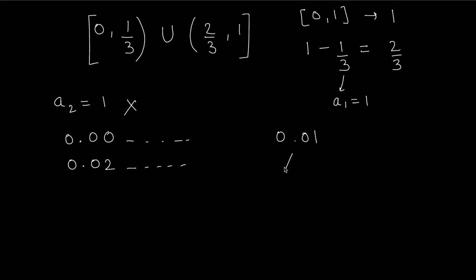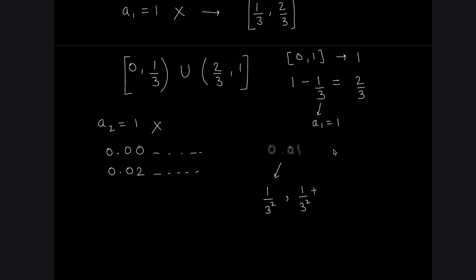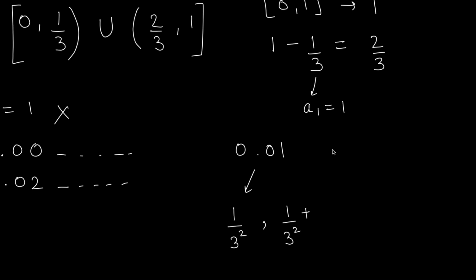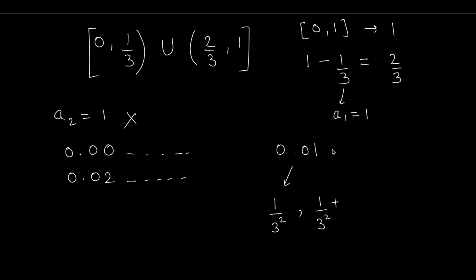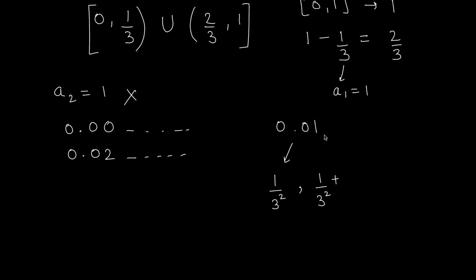This corresponds to 1 by 3 square, as it is in the second place, and the upper limit would be 1 by 3 square plus the case when all the rest of the digits are 2.